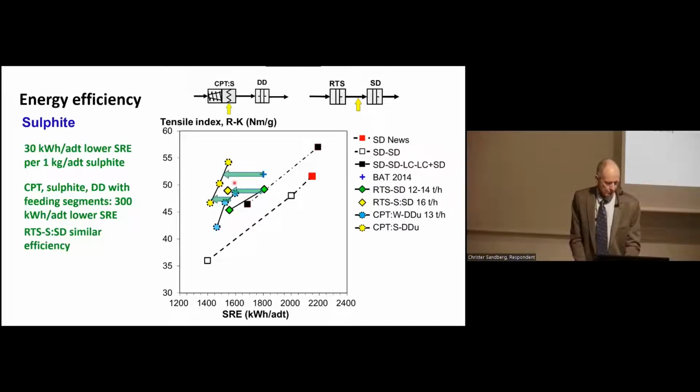So when you combine double disk refining with impressive finer chip pretreatment, here you can see the process, and double disk refining, you reduce the specific energy with some 300 kilowatt hours per ton. And RTS refining gives some similar specific energy.